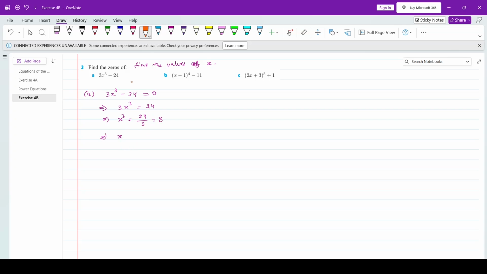And now this power is odd. Hence, x is equal to the third root of 8, that is the third root of 2 cube, and this is equal to 2.